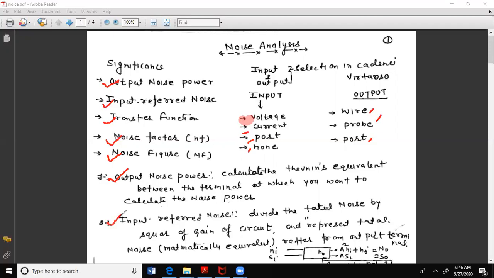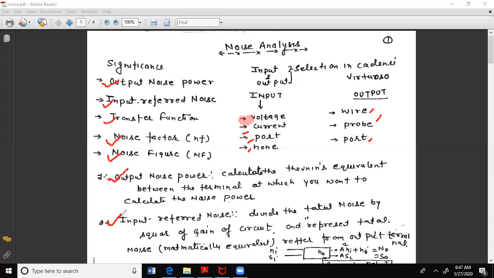Second one is the input referred noise. Input referred noise, this is a very important term. When we calculate the output noise power, suppose we want to see what is the total power at the input terminal. So input referred noise is the total noise seen from the input terminal.